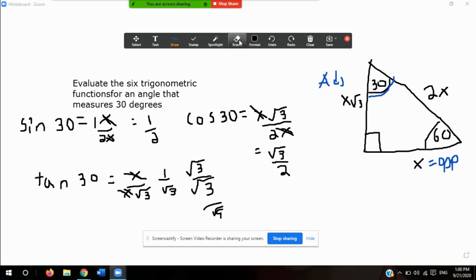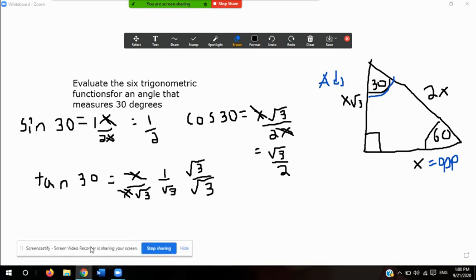Then you multiply 1 times the square root of 3, which is the square root of 3.